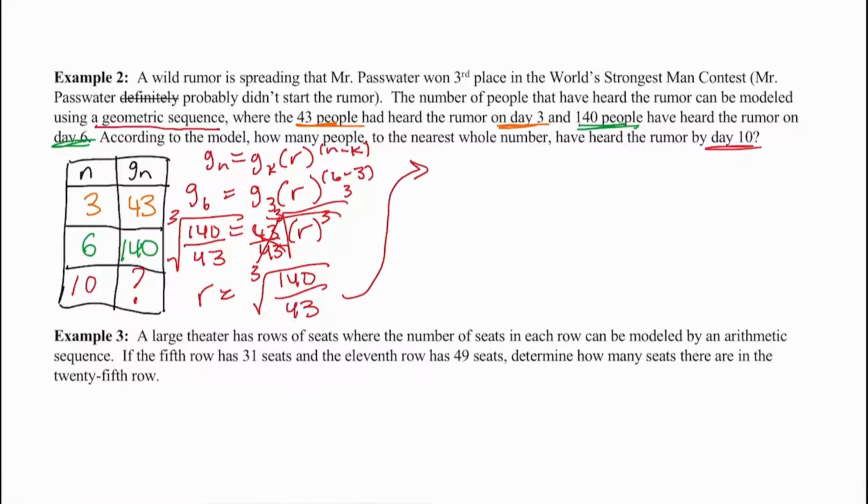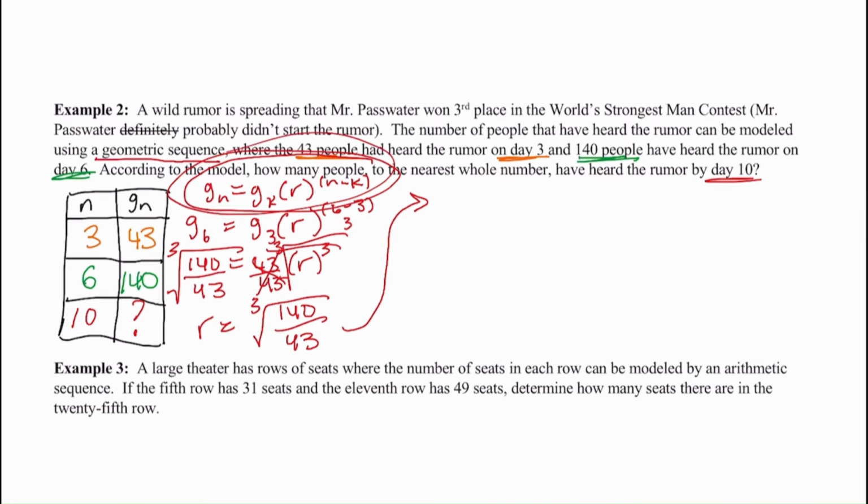So now, moving on. Now that we know the r, we can replace the r in this equation and put g of n is equal to g of 10 because we're trying to solve for that. And g of k can probably be this one or this one. But I'm going to use g of 3 because it's a lower number, so it's probably easier. So g of 10, what we're solving for, with g of 3, and we can put 43 because that's what it is and we know it.